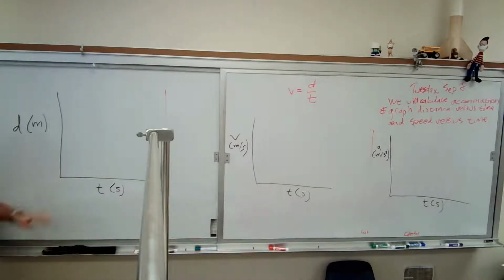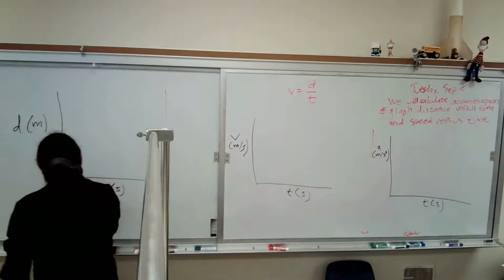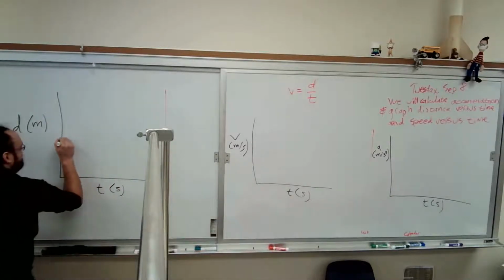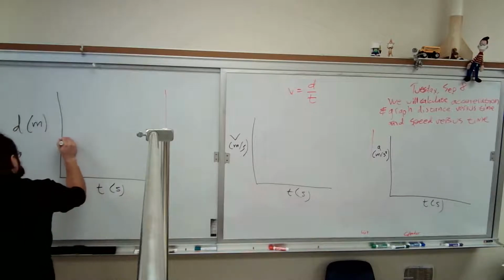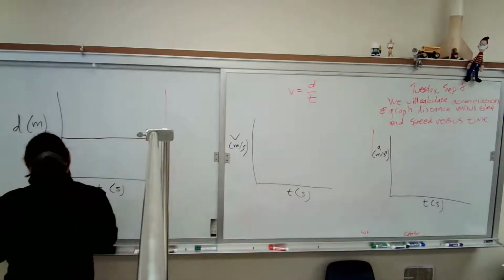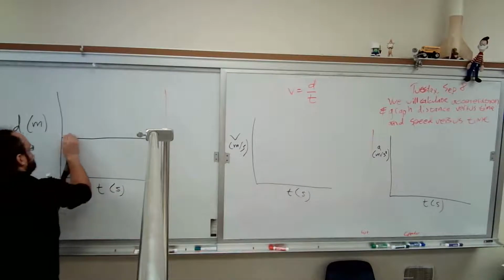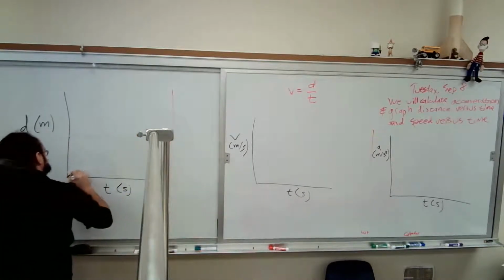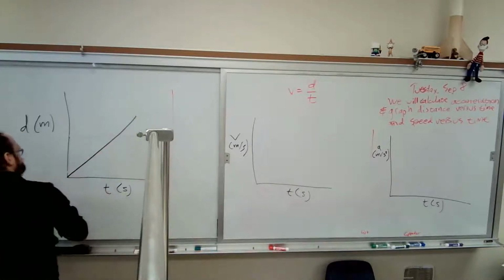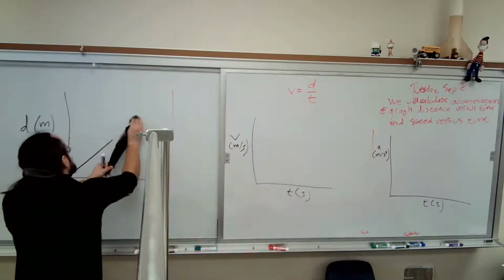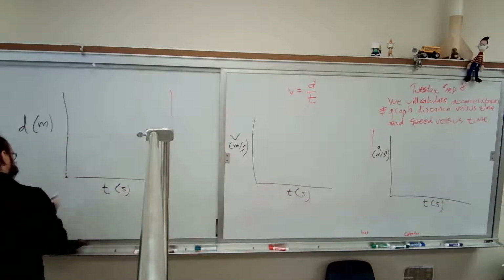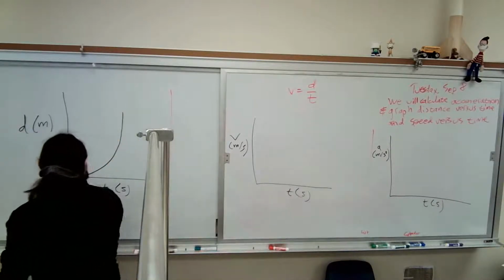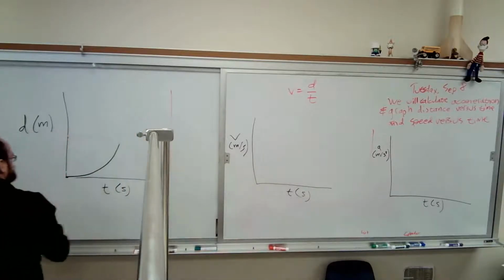So this is a distance graph. We've got three different ways this graph can look in general. It can look like this, or this, or this.